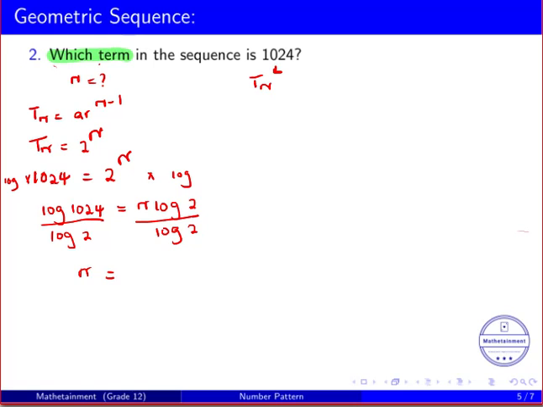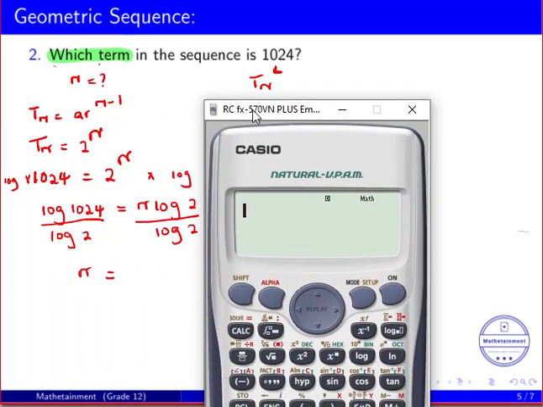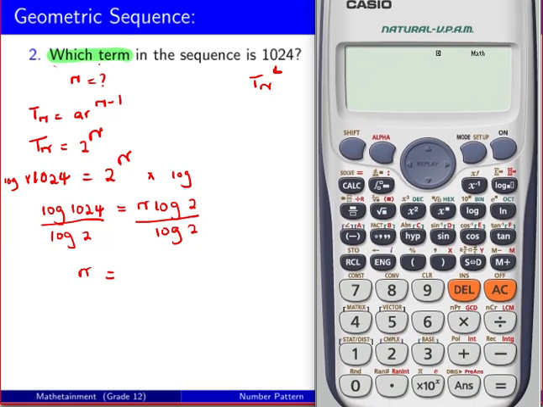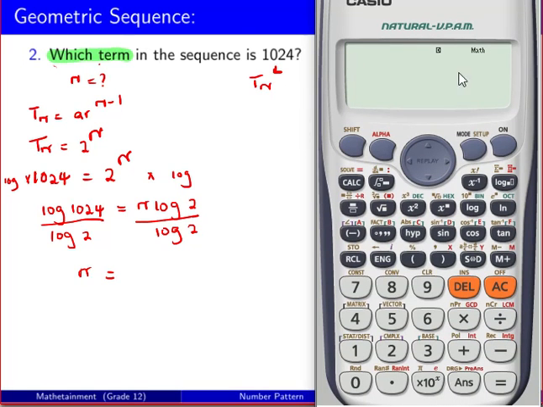So my n is equal to, let me go and take my famous calculator. Where is my famous calculator? Okay, here is my famous calculator. So here you can see that I have log of 1024 all over log of 2.